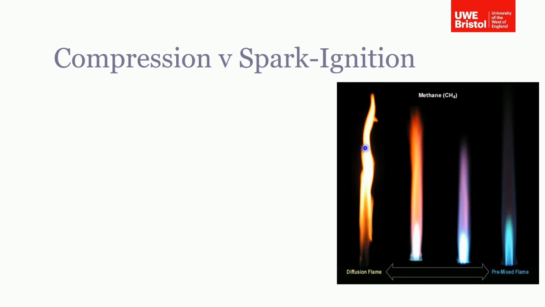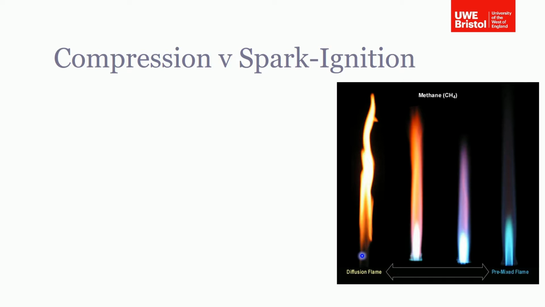So it's the particulates, the soot, and that's characteristic of a diffusion type flame. And in fact, just to illustrate this, a hydrogen diffusion flame, because there's no carbon in it, can't have this orangey glow. But for all other hydrocarbons, you get this orange glow as a result of the soot.